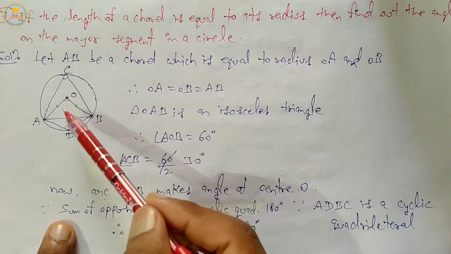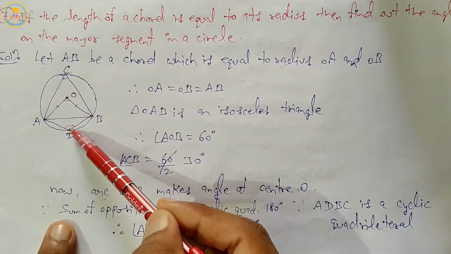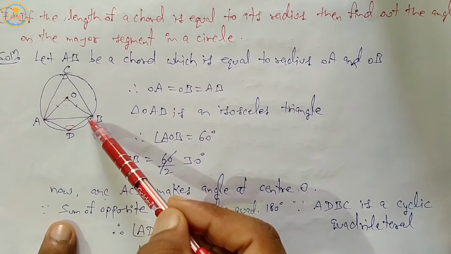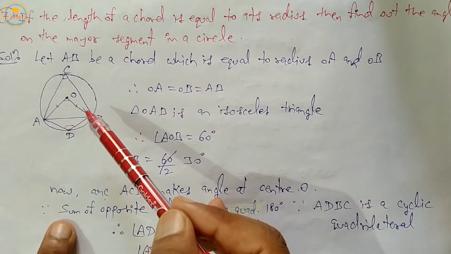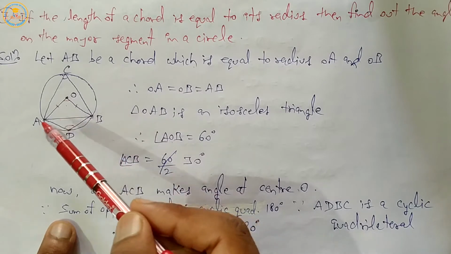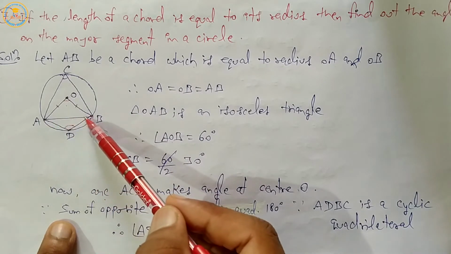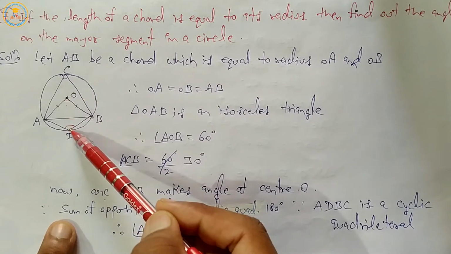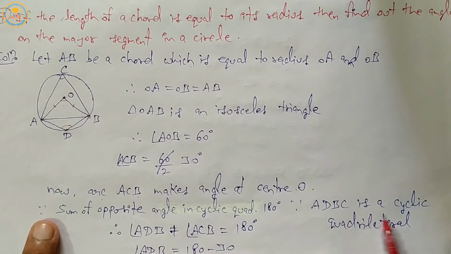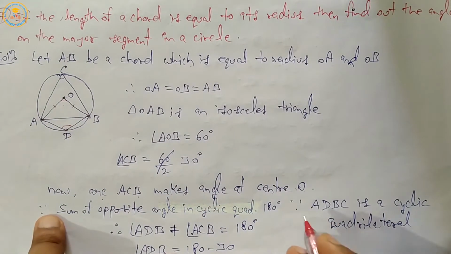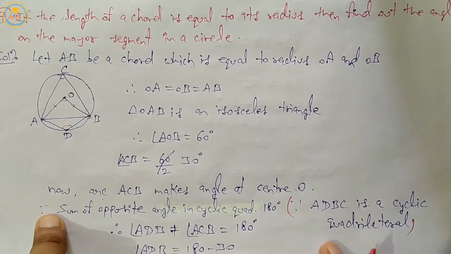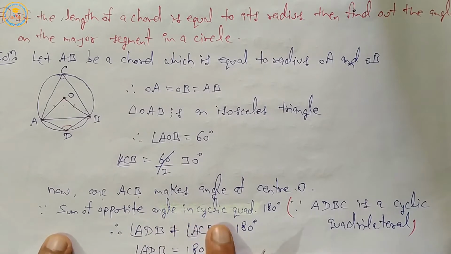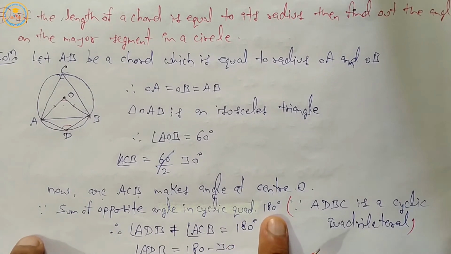C and D are opposite angles of the cyclic quadrilateral. We know that the sum of opposite angles of a cyclic quadrilateral is 180. Therefore, angle C plus angle D equals 180.